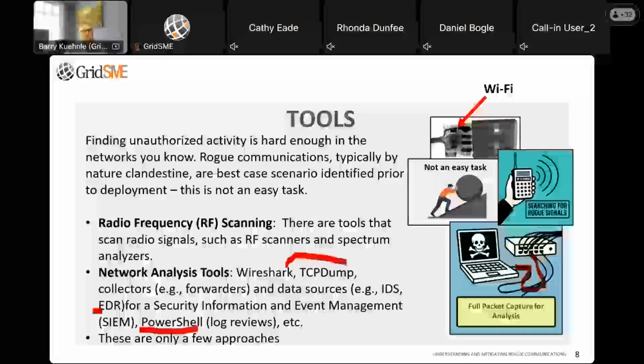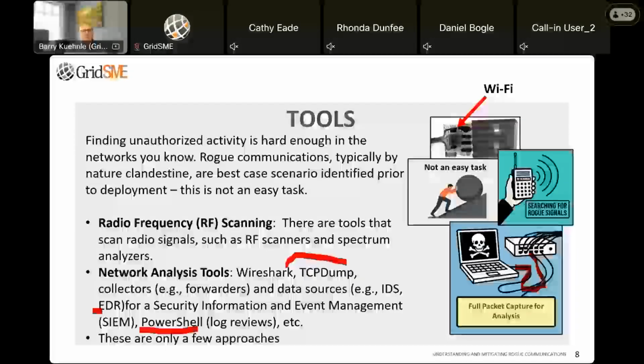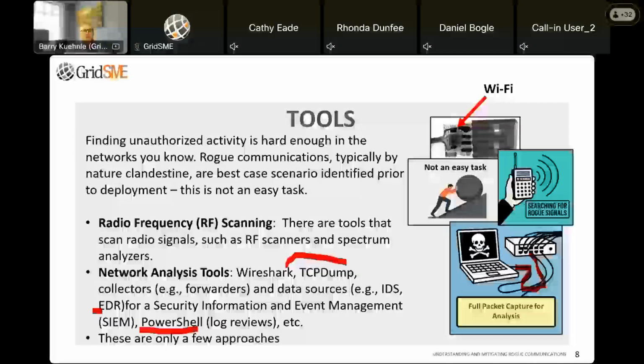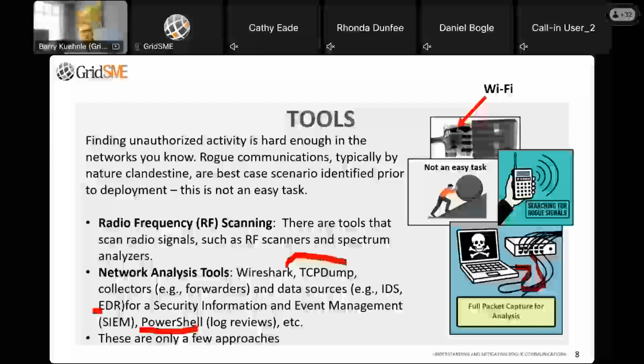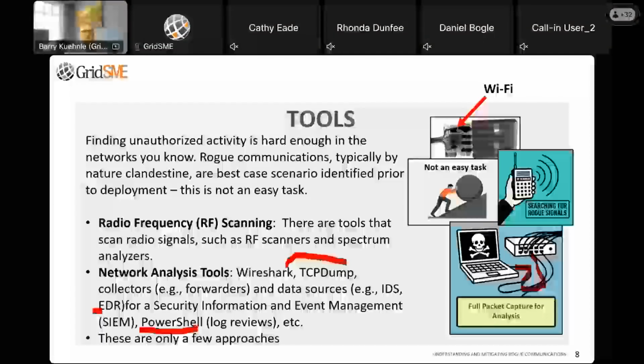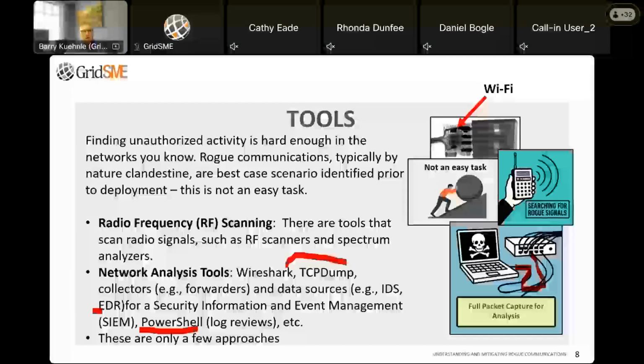You can also use Bash scripting on a Linux box. There are other tools for looking at log files: graphical tools, and command line tools like PowerShell. There are a lot of other tools as well, so understand what best suits your environment for pulling in those logs.